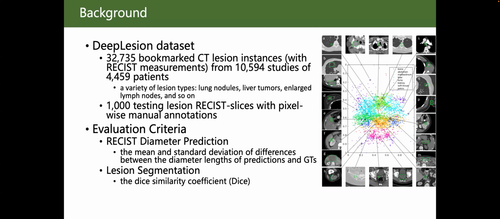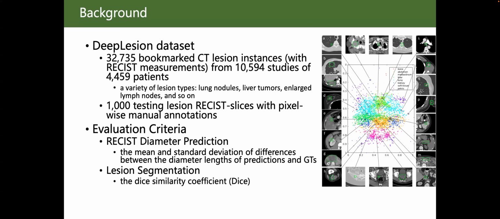It contains over 32,000 bookmarked CT lesion instances with RECIST measurements from over 10,000 studies of about 4,500 patients. These lesions cover a variety of lesion types, for example, lung nodules, liver tumors, also some enlarged lymph nodes, and so on.